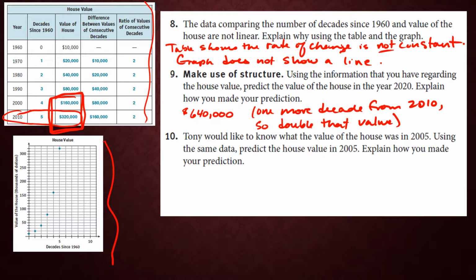So if this changed by 80, so if we go halfway, maybe we would add 40 to it. Does that make sense? So it'd be roughly 200.